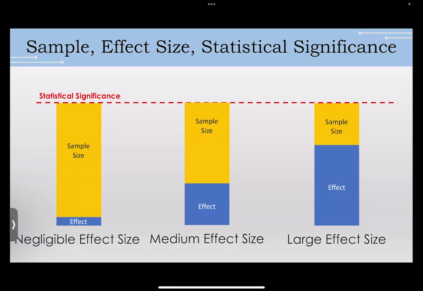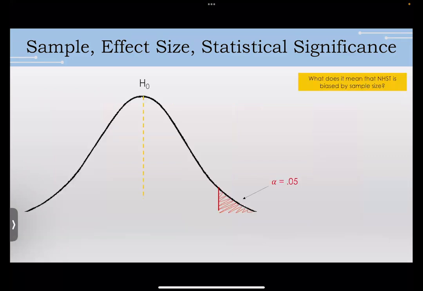The relationship between effect and sample size is complementary in that way. If we have a really tiny effect, we need a huge sample in order to find it. But the opposite is true. If we have a negligible effect and enough people, we can find statistical significance even though that effect is not practically meaningful. There was some confusion about this on the midterm, so I wanted to clarify a little bit more.